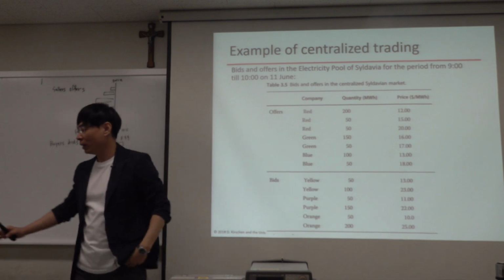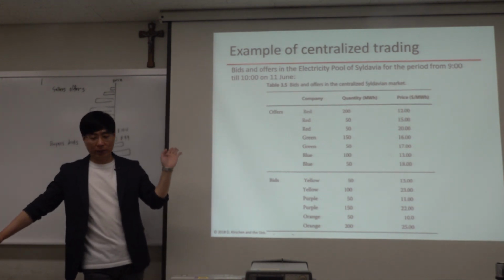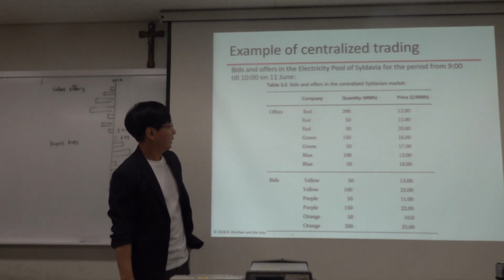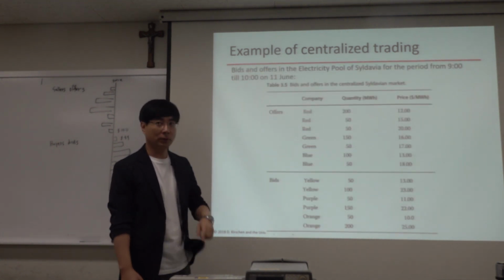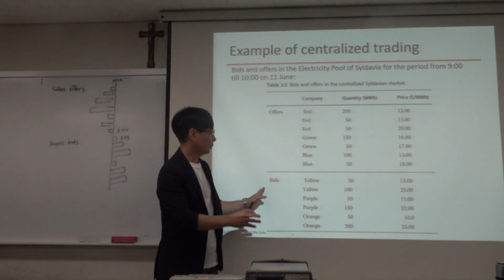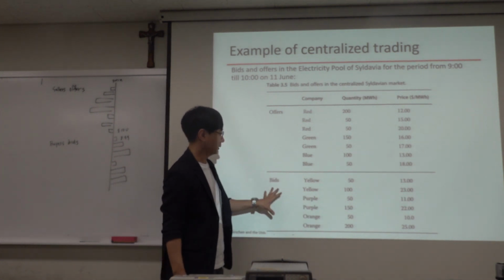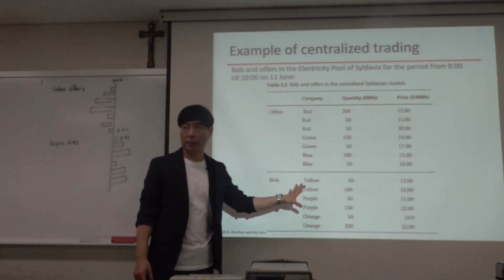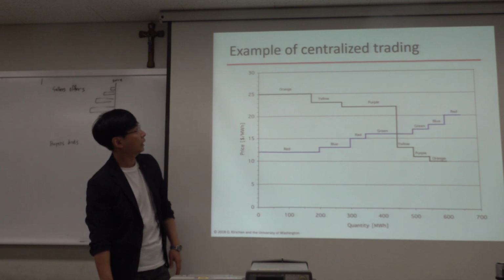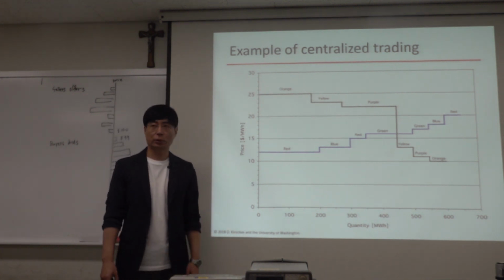And the question is, how can the market operator determine the price? To do that, the market operator can construct curves. Here we assume that the consumers, the buyers, also participate in the market. So using these two pieces of information, the market operator can construct these two curves.